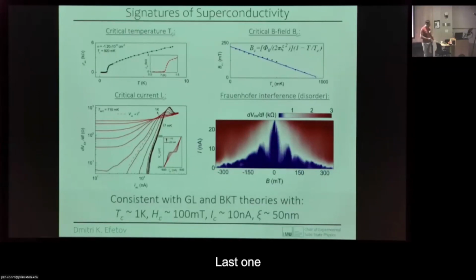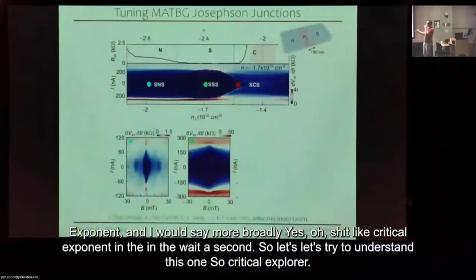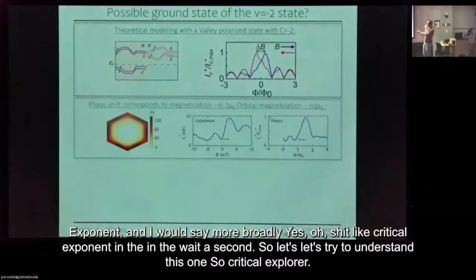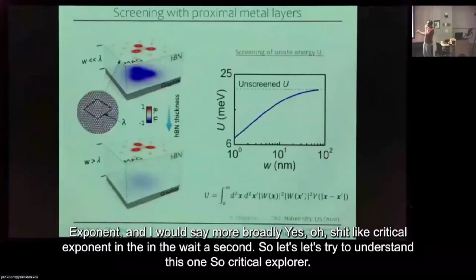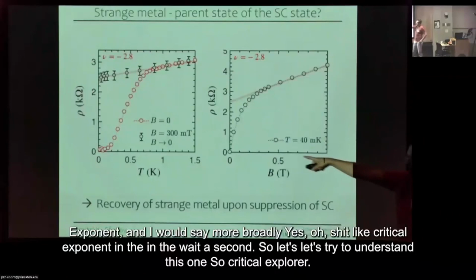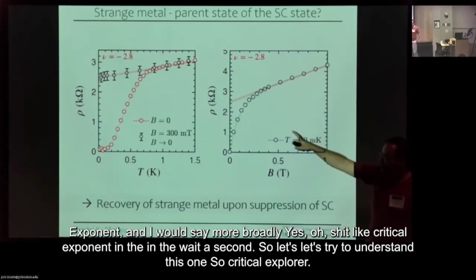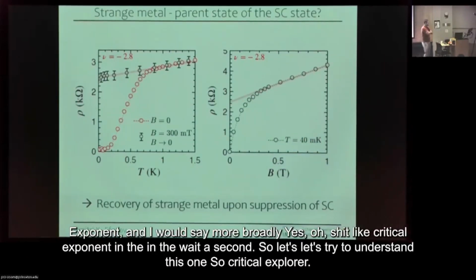Critical exponent in this measurement here. Let's try to understand this one. Go back to your phase diagram. So it was this guy here, right? In the plot on the left, there's a departure from the superconductor into the strange metal.